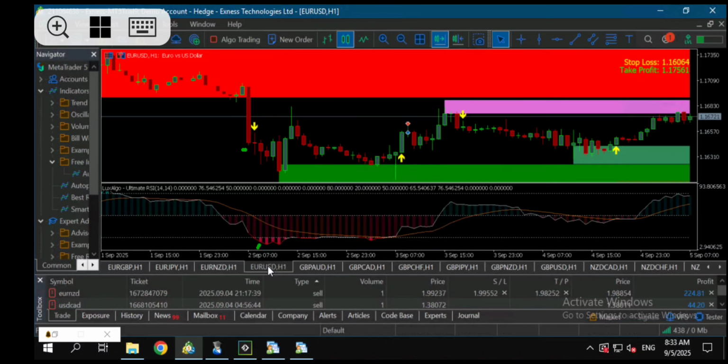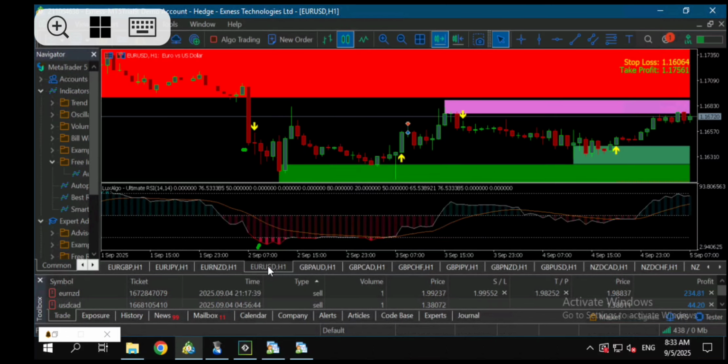Of the 4 zones, we don't consider the weak zone, though eventually the weak zone might become a verified zone if price continues to respect it, and then a verified zone might become a proven zone if price still continues, and then a proven zone can still become a strong zone. But when it is still at a weak zone, we don't consider it a valid zone to trade. We only start considering a verified zone, a proven zone and a strong zone.